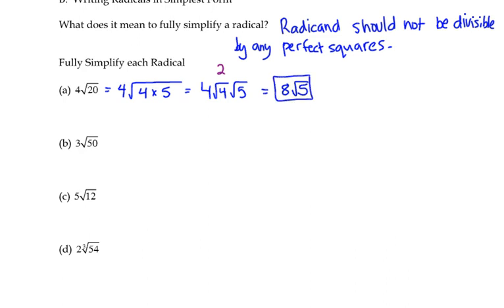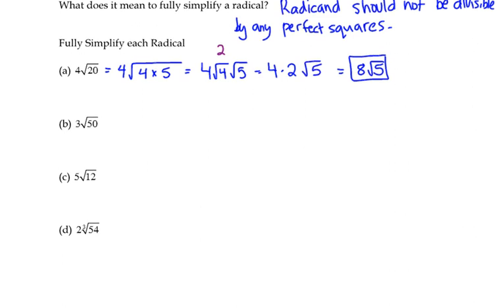What this really is, is 4 times 2 times root 5. When you square root 4, it's 2, but you have to multiply by the coefficient in front. The coefficient doesn't matter. Just the radicand can't be divisible by a perfect square.